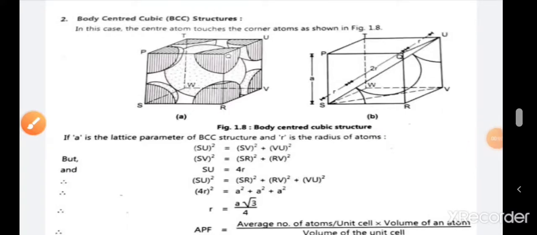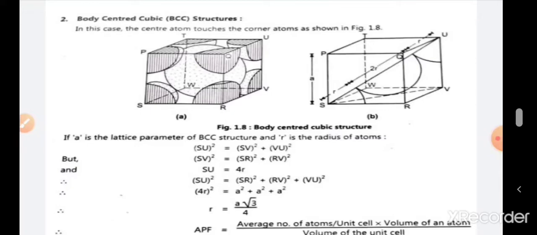Next topic is body centered cubic structure. As we already learned in the case of the unit cell, the number of atoms in a unit cell for body centered cubic structure is 2, as one atom is placed at the center of the body and another atom we have to consider at the corner of the cube.